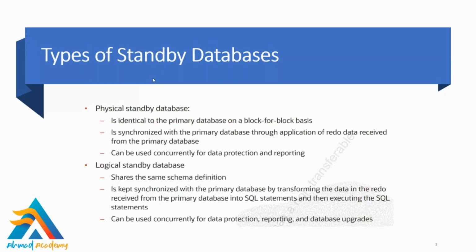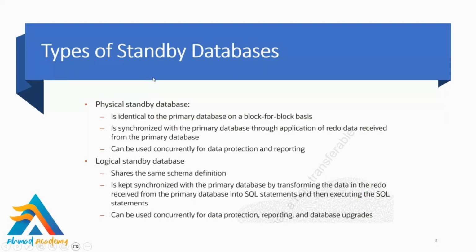And as I said, types of standby database. We have three types. One is physical, second is logical, and third is snapshot standby. Physical is basically an identical copy of the primary database on a block-to-block basis, and it synchronizes through the application of redo data received from the primary database.